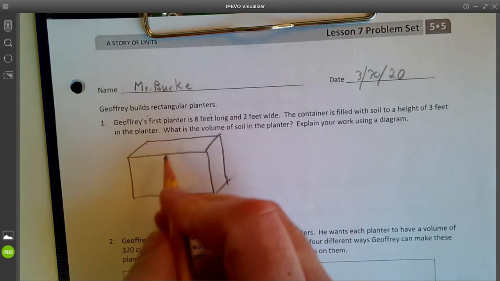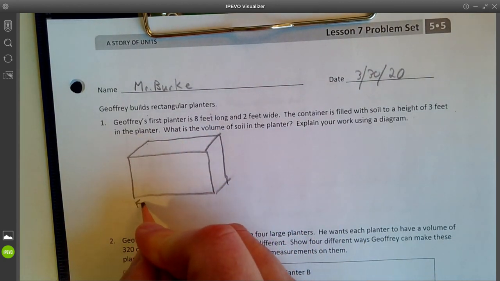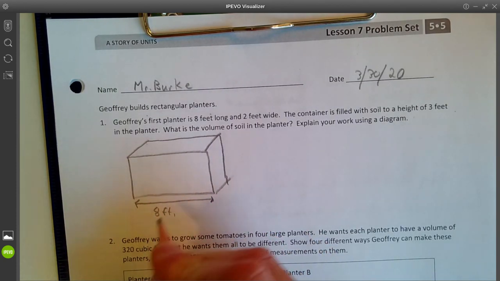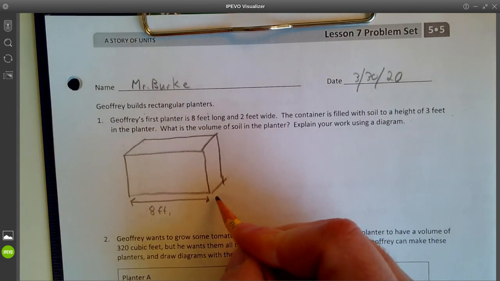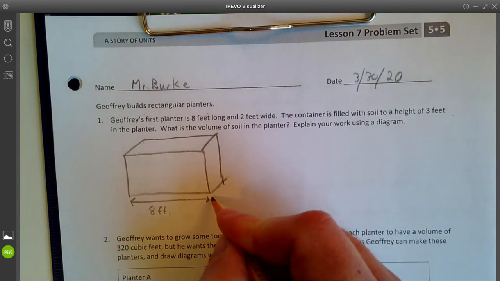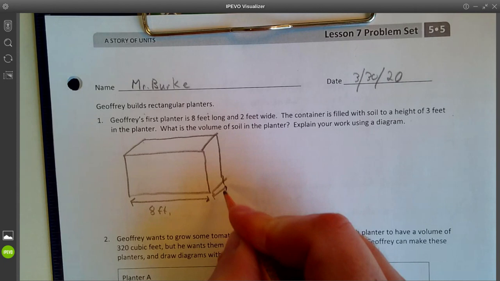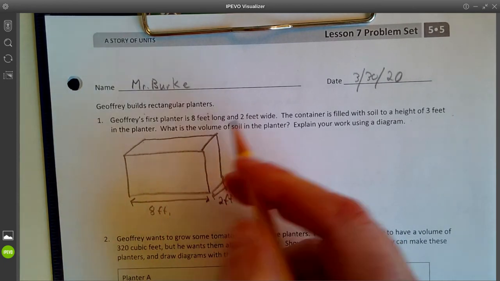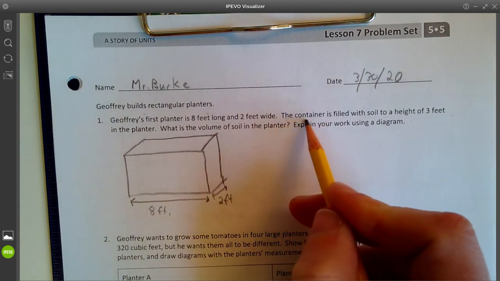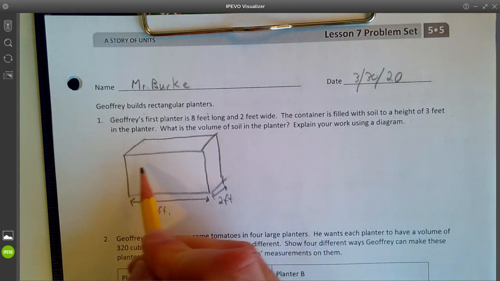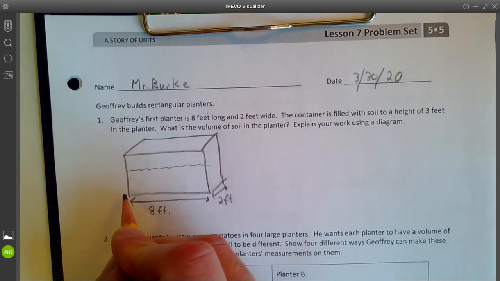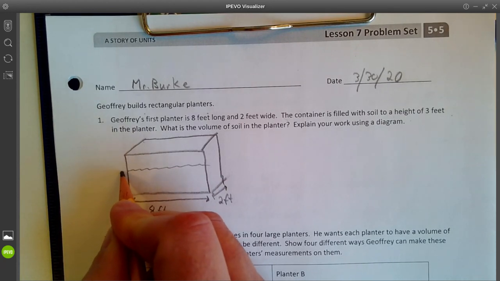So it's 8 feet long. 8 feet. And it's 2 feet wide. So here to there is 2 feet. And the height is kind of tricky. The container is filled with soil. So this whole thing is filled with soil to say there. And it's filled with soil to a height of 3 feet. So this is 3 feet.